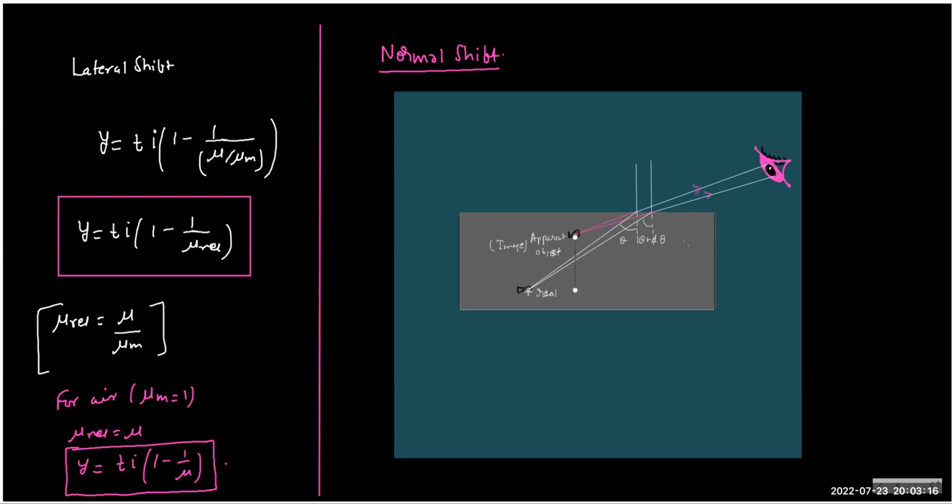The object has appeared forward, or it looks like it has come forward. Coming forward is called lateral shift, and going upward is called the normal shift. Along the normal to the boundary, if you draw the normal to the boundary, this is the normal. That's why we call it normal shift.